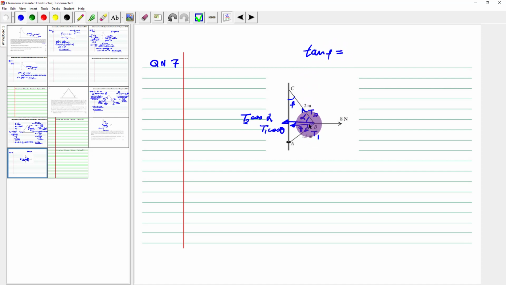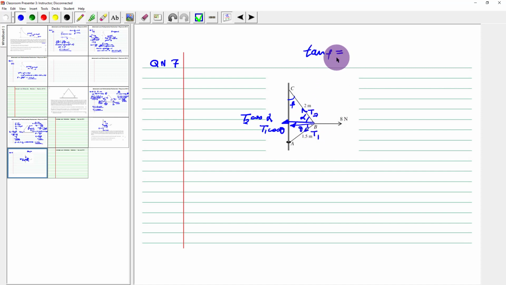Remember, it's the angles that I want, because I want to resolve T2 in this direction. So if I get beta, and I know that this one is 90 degrees, I can subtract beta from 90 degrees to get alpha, and that will enable me to get this. And by getting alpha, I can get theta because I know the whole of this is 90 degrees.